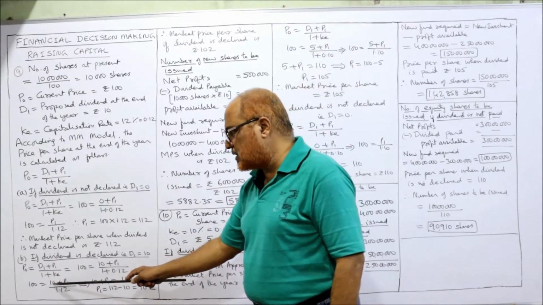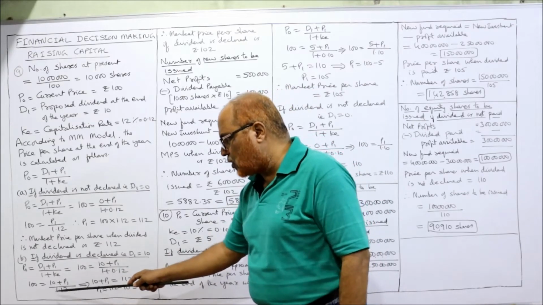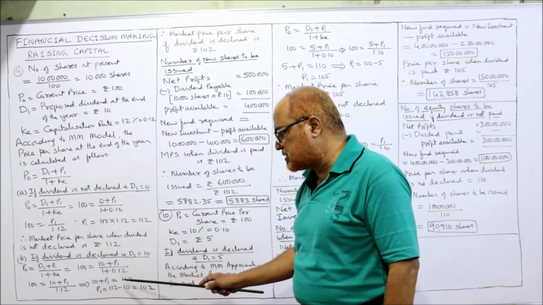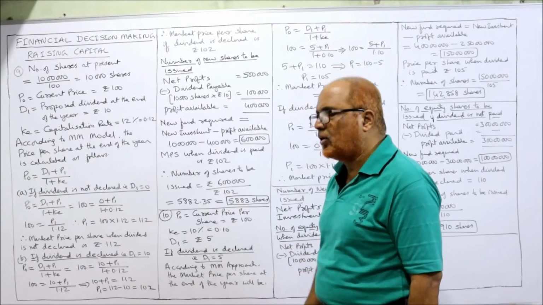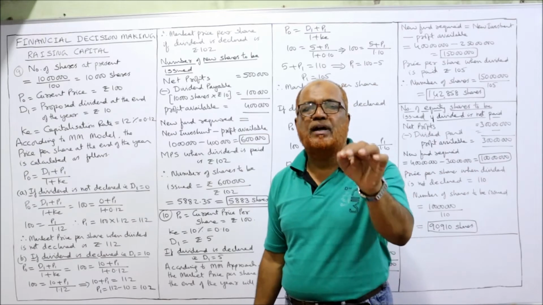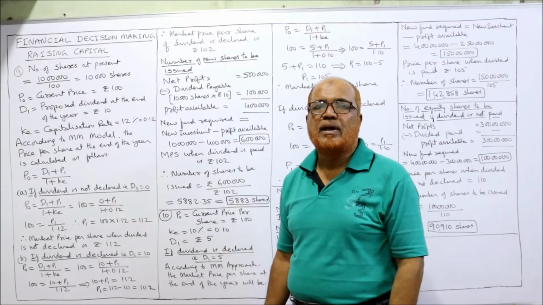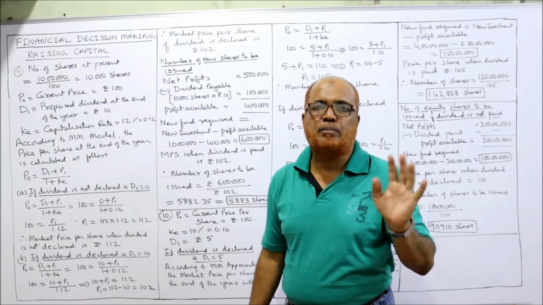Now 100 is equal to 10 plus P1 divided by 1.12. Cross multiply: 10 plus P1 is equal to 112. P1 is equal to 112 minus 10, it will become 102. So 102 is the market price per share if the dividend is paid, and 112 is the market price if dividend is not paid.